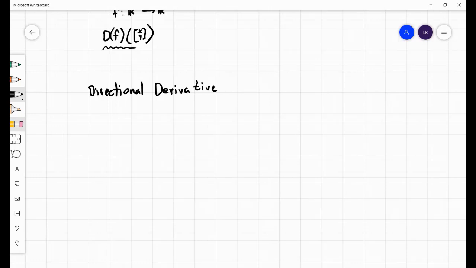So here the idea is that you have some function from Rn into R, and you want to know the derivative of the function as if you're in the domain, that's Rn, and you're at a point, let's say A, and you're moving in the domain in a certain direction as pointed by vector v.